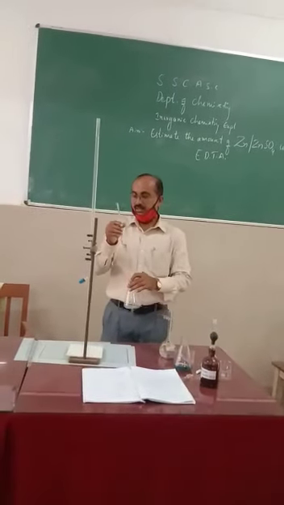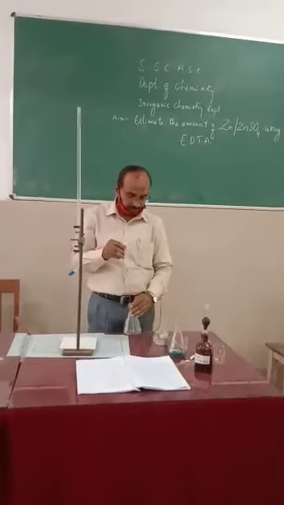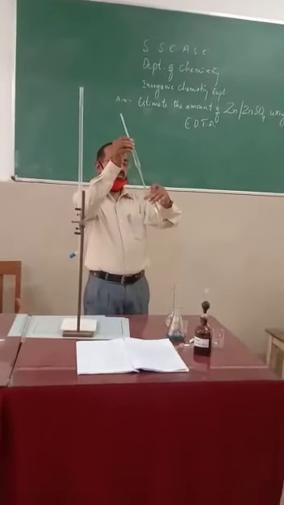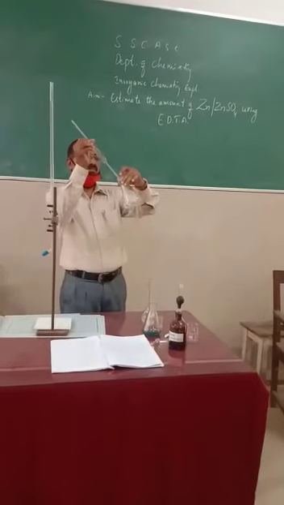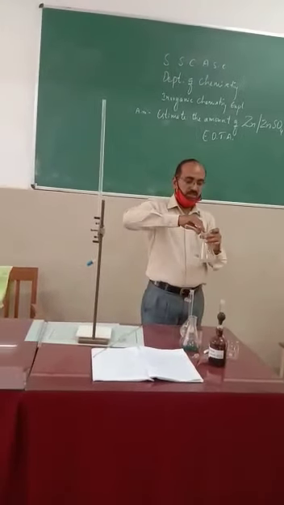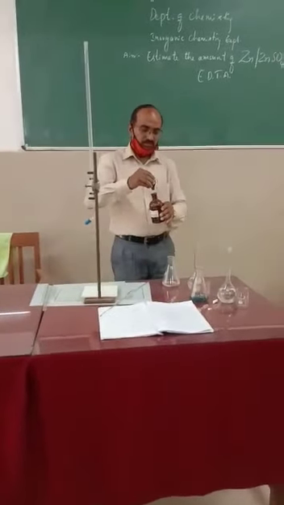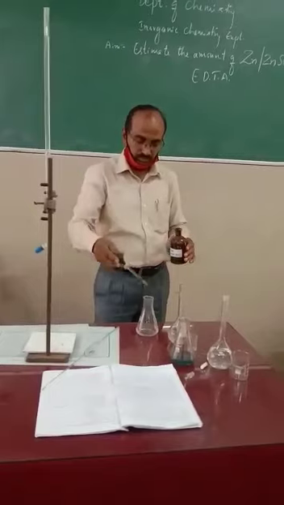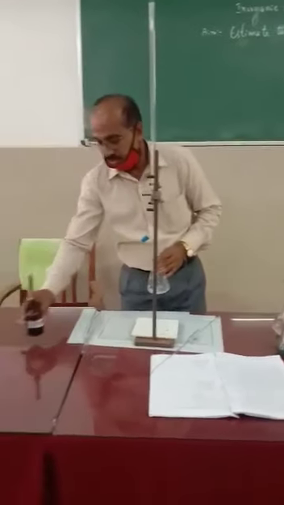Once again, we add about 1 test tube of distilled water, and 2 cm cube of freshly prepared buffer solution, and 7 to 8 drops of Eriochrome Black T indicator.